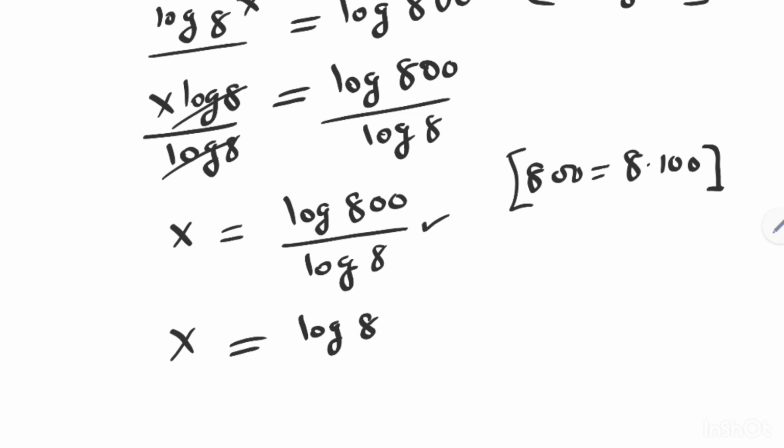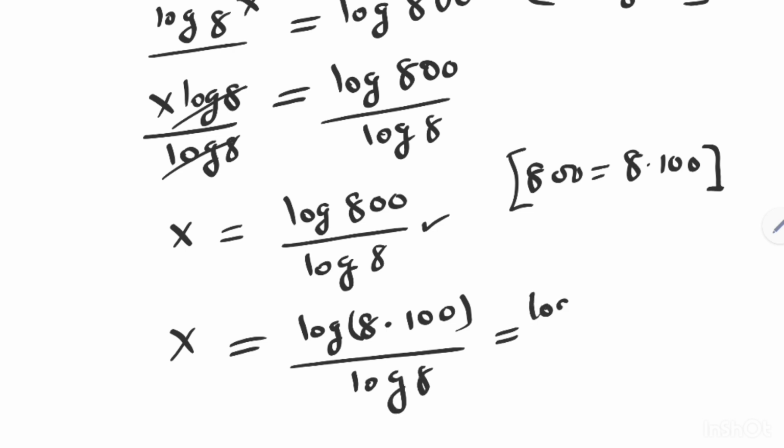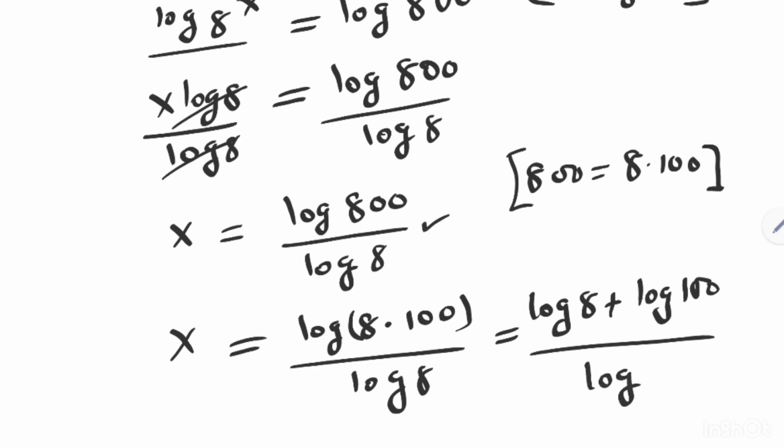log 8 multiplied by 100 over log 8. This is the same thing as log 8 plus log 100 over log 8.